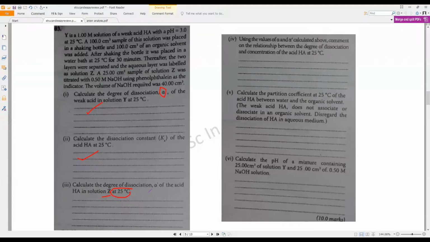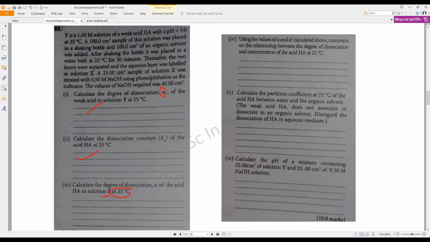Solution Z is this after the equilibrium. When the layers were separated, they have taken 25 cubic centimeter and they have titrated with 0.5 m NaOH.